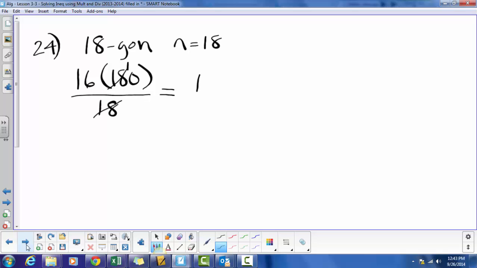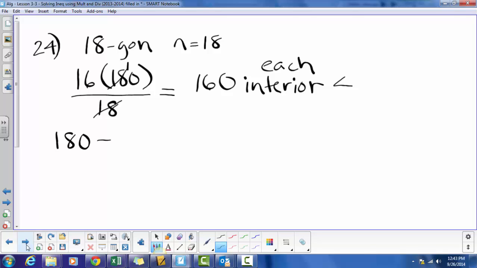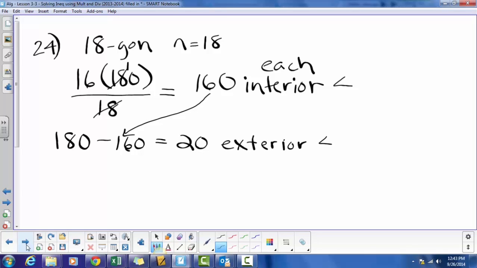So 16 times 10 is 160. 160 is the measure of each interior angle. And then to find the exterior, I'm going to take 180 minus the interior. So the exterior is 120. Okay?